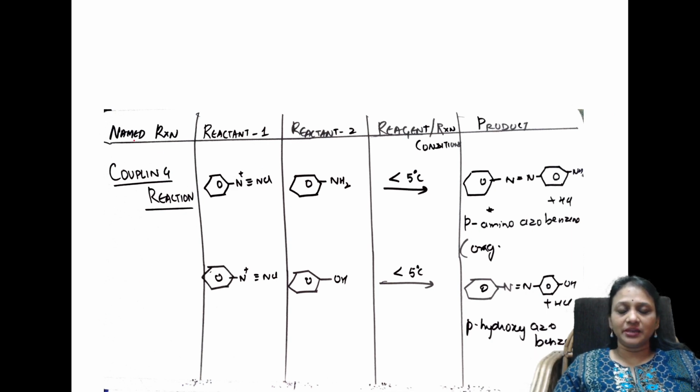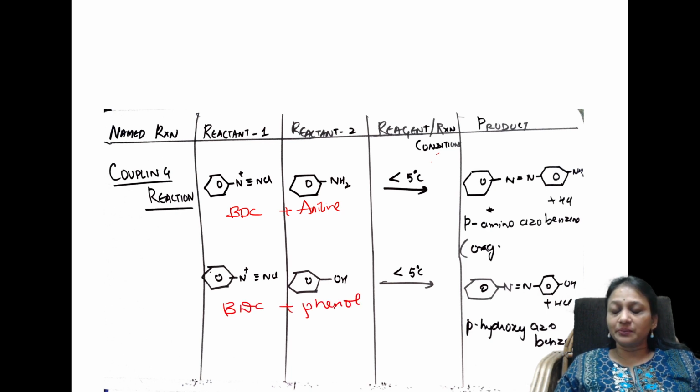So same: name reaction, reactant 1, reactant 2, reagent or reaction conditions, that can be any temperature, pressure sort of things, and the product. Finally, in coupling reaction, BDC is going to combine with aniline, concept number 1. Second, BDC is going to combine with phenol. This is concept number 2. What temperature?